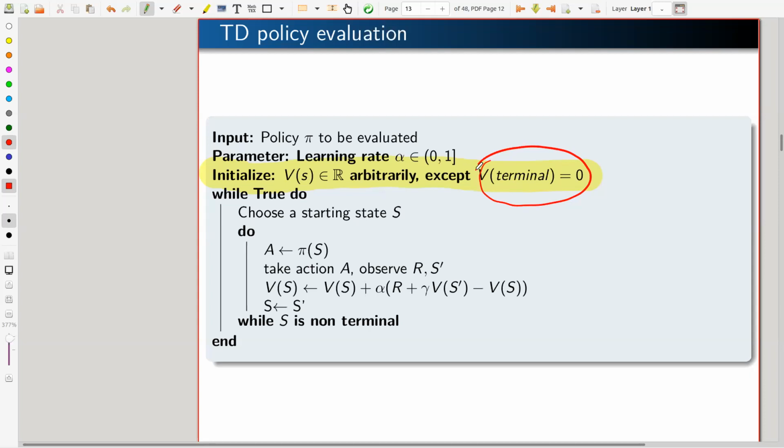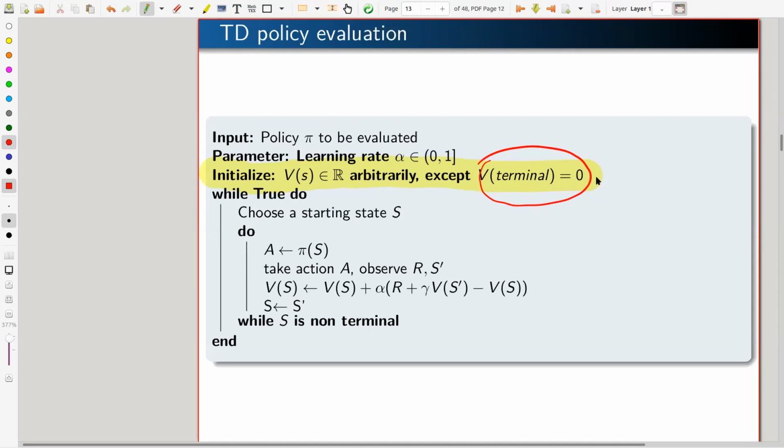As soon as you sample one episode from a certain state, the value of the state is no more biased. Here it's very important. If you don't give 0 to the terminal states in the initialization, then the algorithm is not going to work, because 0 is the true value.